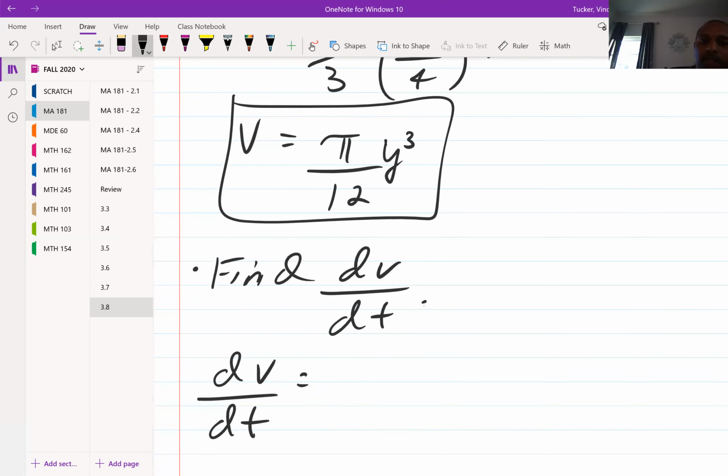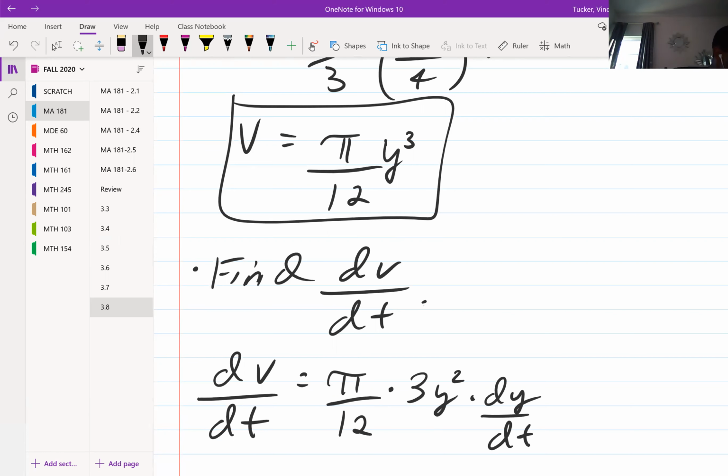So we'll derive this implicitly because it's with respect to t, not y. Bring a constant out front, pi over 12. Take the derivative of y cubed, so you bring your 3 down. Subtract 1 from your exponent, which is 2. And that should be what's left is dy/dt.